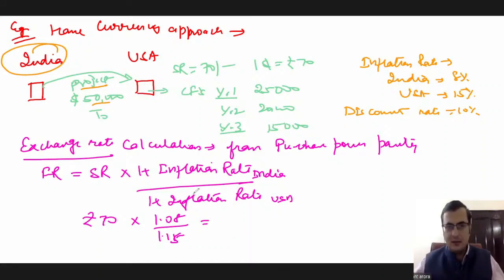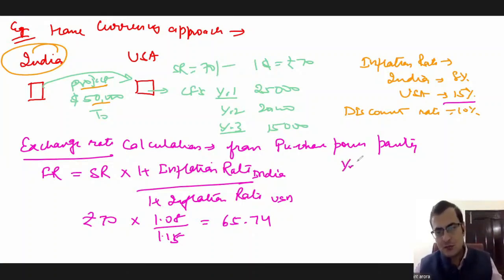So you will be getting, for the first year, the forward rate as 65.74. Since the inflation is high in US, your currency will start to depreciate. From 70, it will come to 65.74 and so on. So this is for year 1.